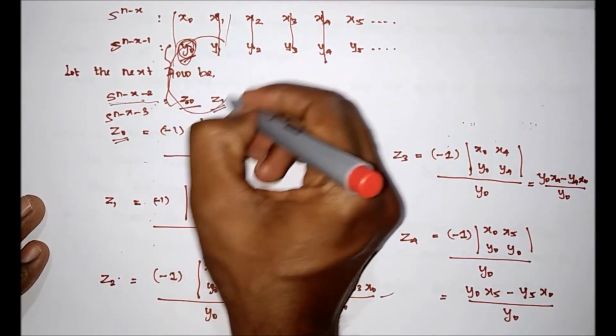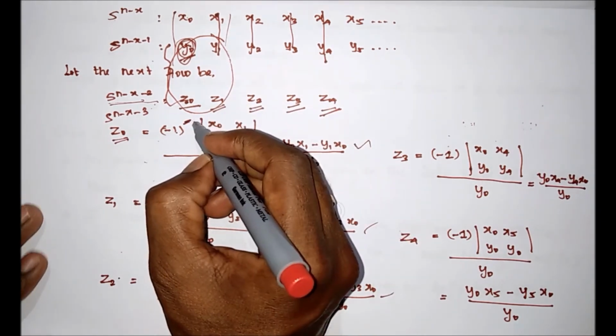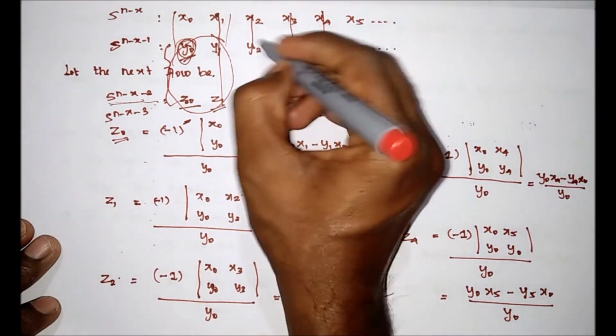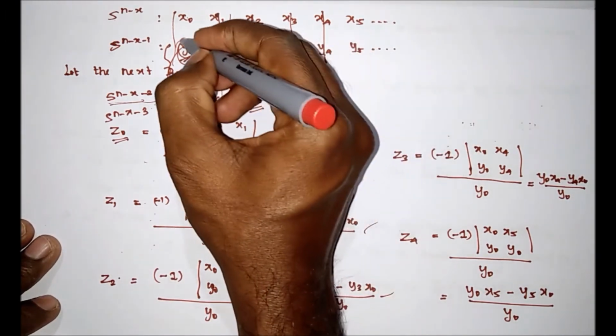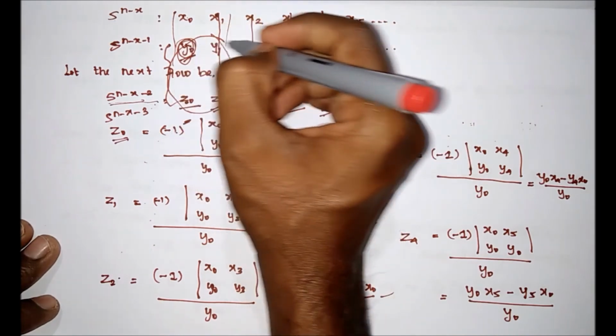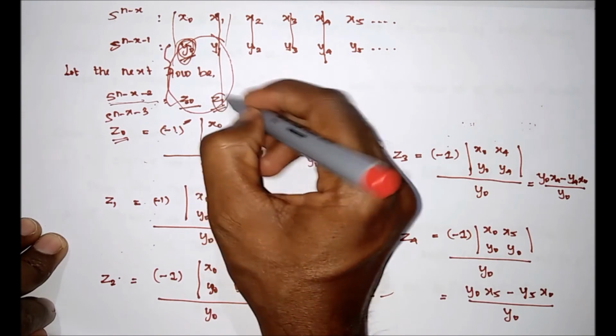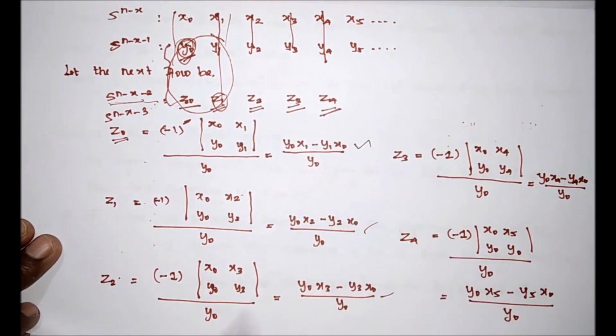First we take these 4, then calculate the first, then skip this, take this one and this one. By using the first column and third column, we can form a matrix, then calculate this value. Similarly, we have to follow until z becomes 0.